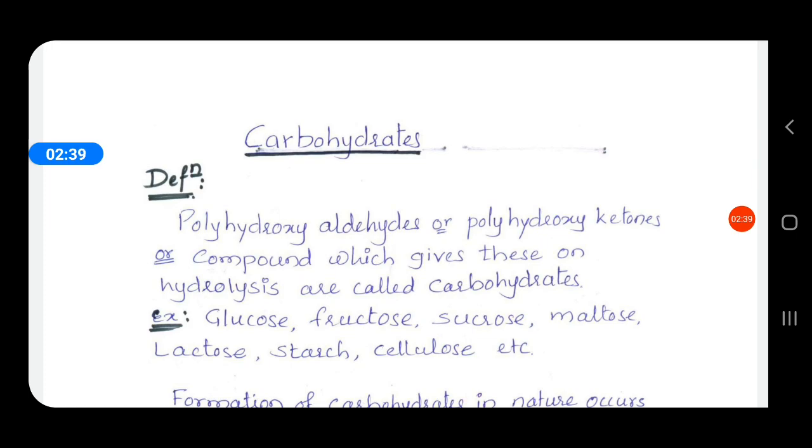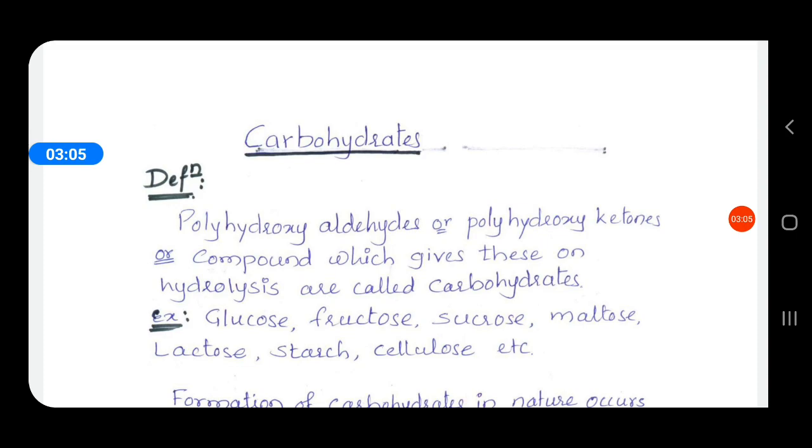They provide raw materials for many important industries, including textiles, paper, artificial silk, films, plastics, drugs, fermentation, explosives, and food industry. So for a number of industries, carbohydrates provide the raw materials.